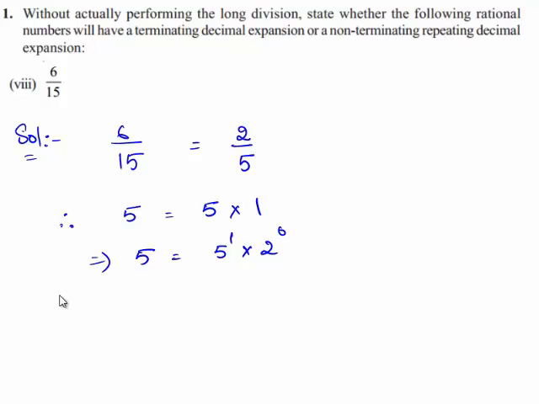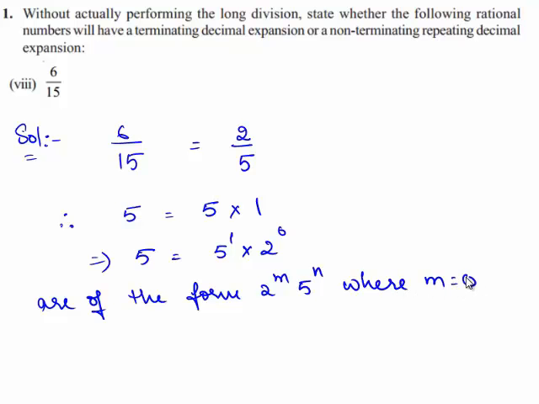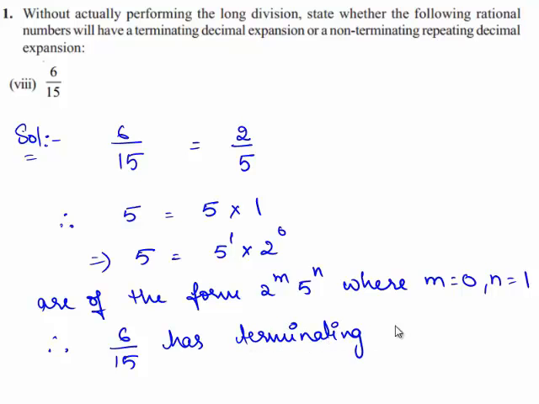Therefore, the factors of the denominator are of the form 2 power m times 5 power n, where m is equal to 0, n is equal to 1. Therefore, the given rational number 6 by 15 has terminating decimal expansion.